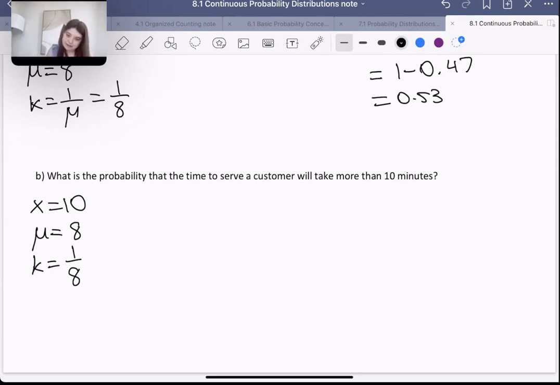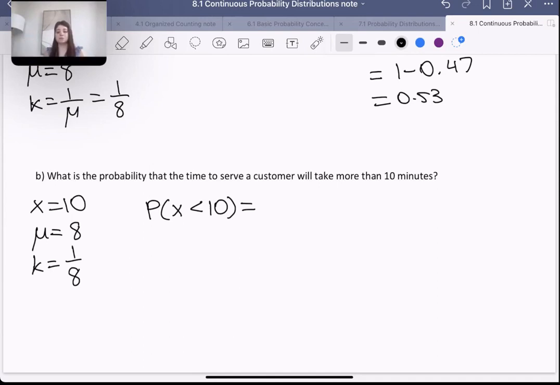Okay. So in this case, I'm going to use the indirect method. I'm first going to find the probability that it's less than 10 minutes, which we're expecting to be a relatively high probability, certainly greater than 0.53, because we're taking everything that is less than 6 and also the things between 6 and 10 as well.